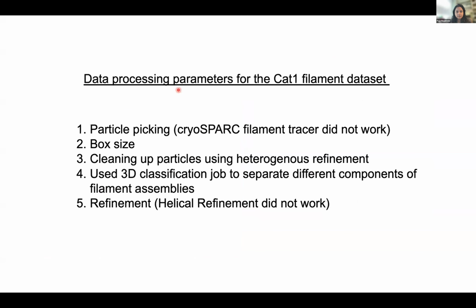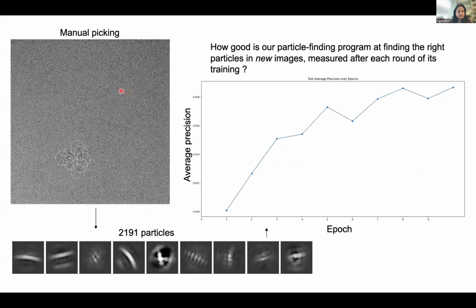Next, I'll show you how I processed this filament dataset, starting from particle picking, selection of box size, how I cleaned up the particles, and then 3D classification and refinement. Here you can see a micrograph where most of the area is empty, but we only see the filament at the bottom.